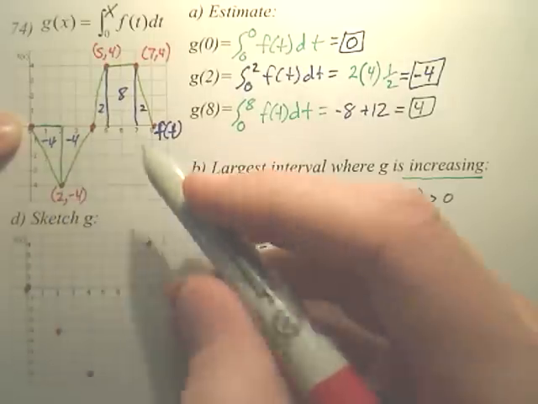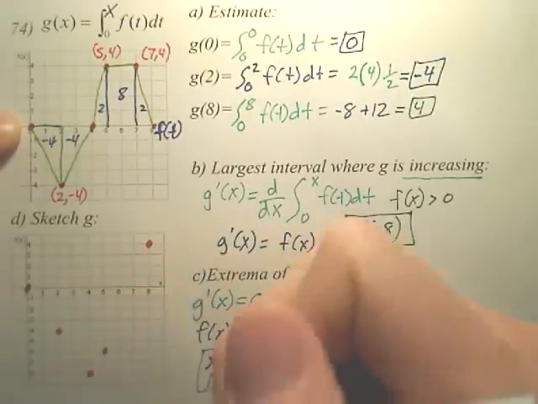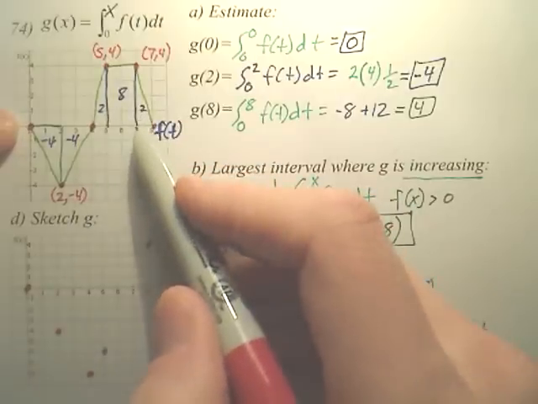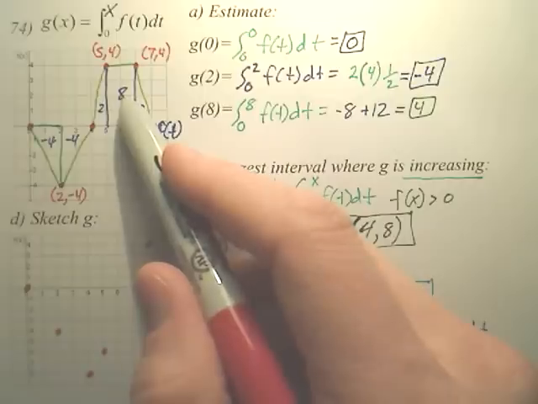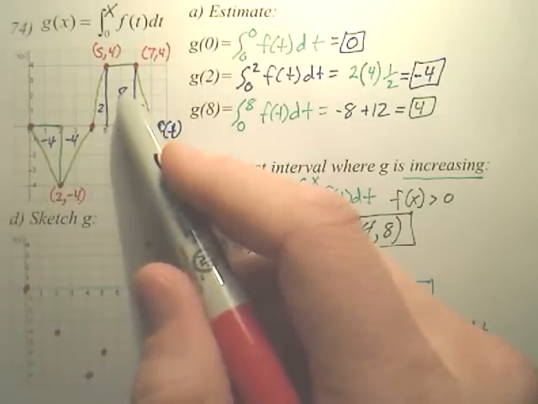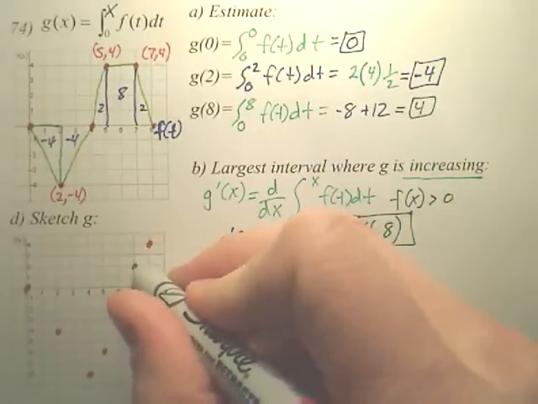So at 5, your answer is going to be negative 6. But if I want G of 7, well, isn't this G of 8 plus, what's 2 plus 8? 10. So isn't this negative 8 plus 10, wouldn't that be positive 2? So at 7, I'd be at positive 2.